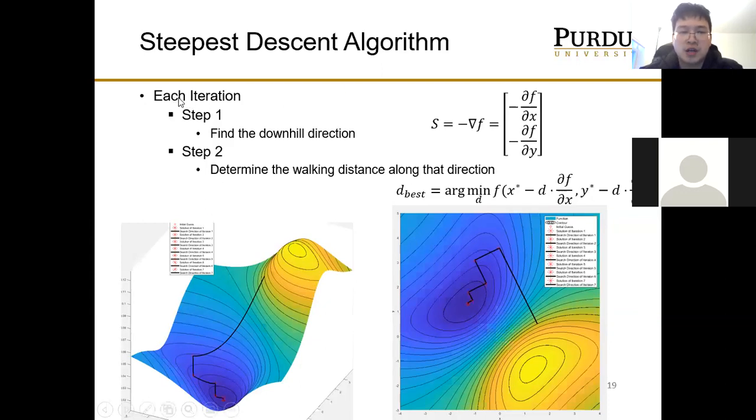Here is a summary of this algorithm. We need to do a lot of iterations, and each iteration has 2 steps. Step 1 is to figure out the steepest descent direction, also called the downhill direction.